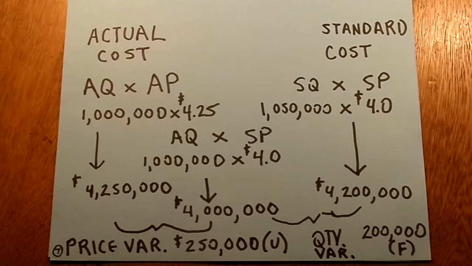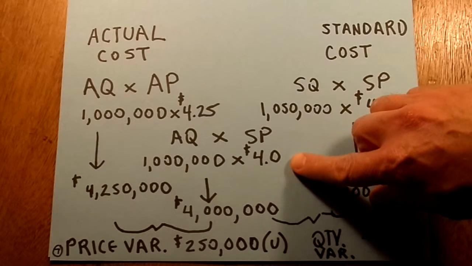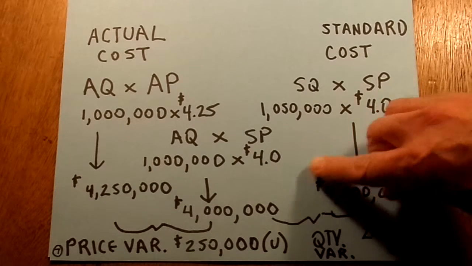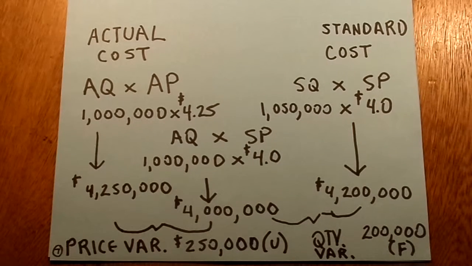Then we're going to do the quantity variance. And with the quantity variance, we start with the middle items. We start again with actual quantity times standard price. And when we multiply the two, we come to 4,000,000. But what we compare it to for the quantity variance is the standard quantity, which is different.